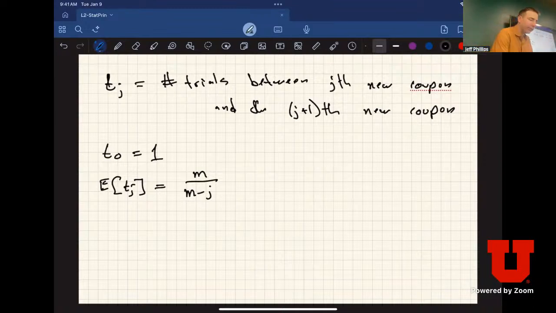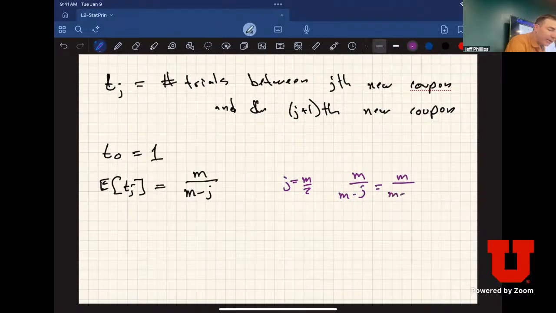Let me write this down: for j equals m over 2, m minus j equals m minus m over 2 equals m over 2, so m over m minus j equals 2. If I've seen half the coupons, I expect to do 2 trials before I get a new one.